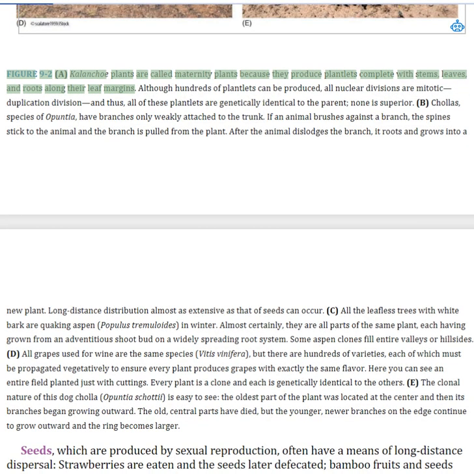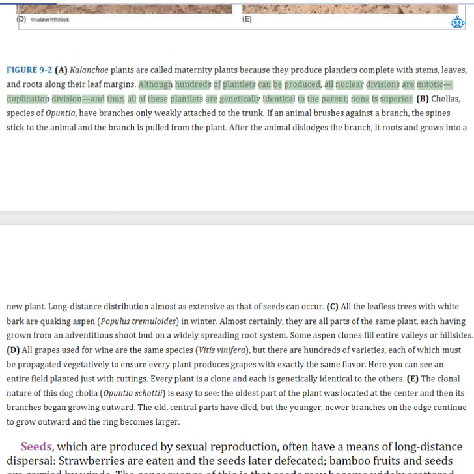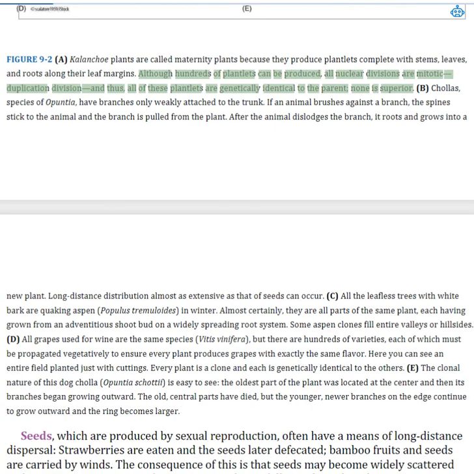Figure 9.2. Kalanchoe plants are called maternity plants because they produce plantlets complete with stems, leaves, and roots along their leaf margins. Although hundreds of plantlets can be produced, all nuclear divisions are mitotic, duplication division, and thus all of these plantlets are genetically identical to the parent; none is superior.